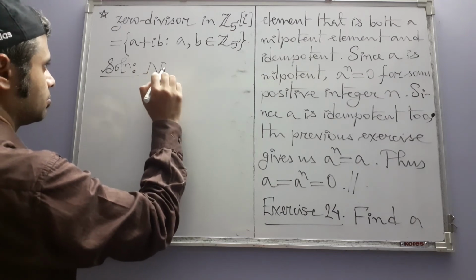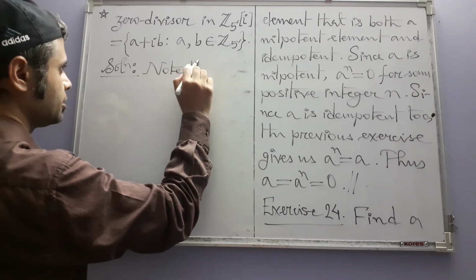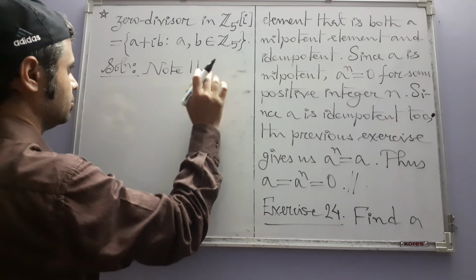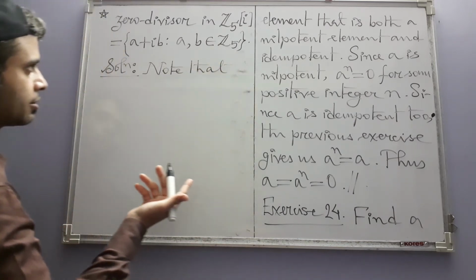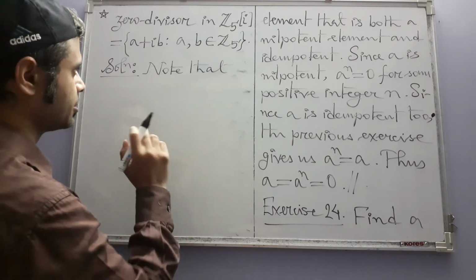Note that it's just simply we produce one nilpotent element and zero-divisor, and that's just it.